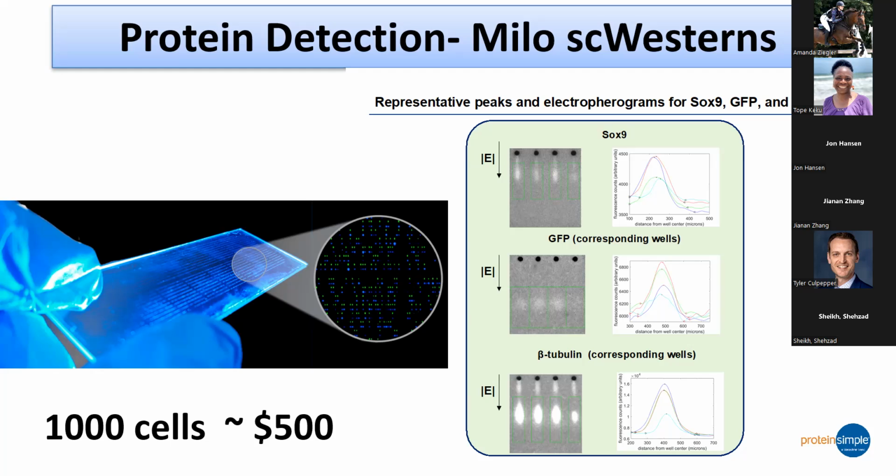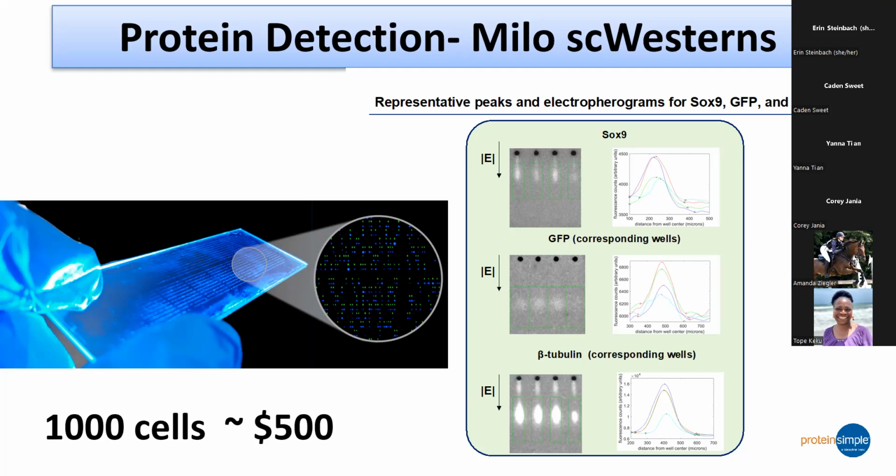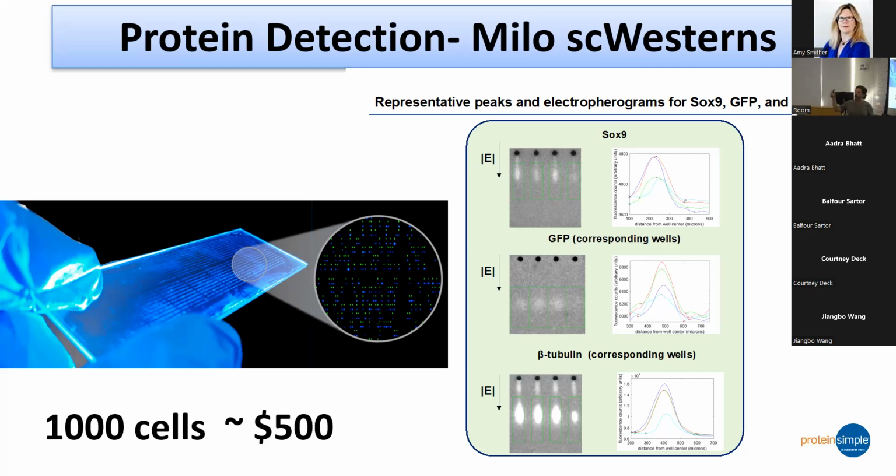It depends on the cell type, but it's usually about 20 to 100,000, depending on the size, the shape, the buoyancy. There's a bunch of things involved in that. Actually, you could do even less than that. It doesn't really matter how many you start with. You could start with one, but you're not going to get much data. Right, you may not capture a cell. So we typically say between 10 and 100,000 starting cells.